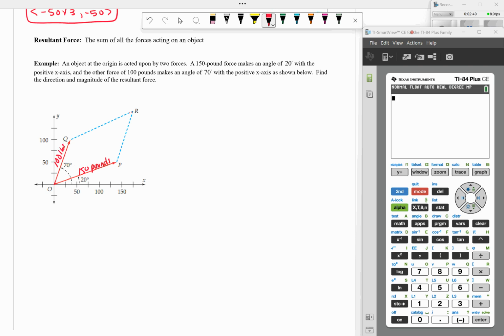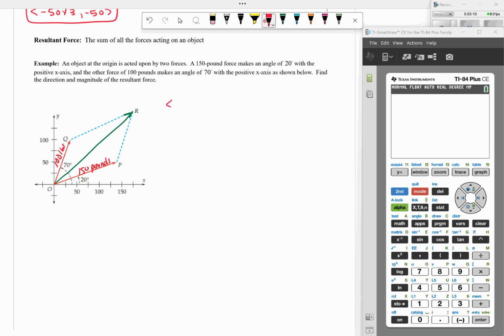We want to find the direction and magnitude of the resultant force. So here you can see that if we use the parallelogram law, then the resultant force is going to be from here to this point. In order to find that, we want to figure out first what the component form is given the magnitude and the angle for the first part that we have.